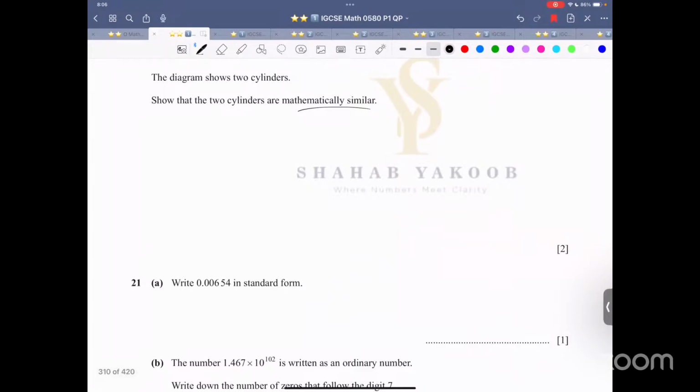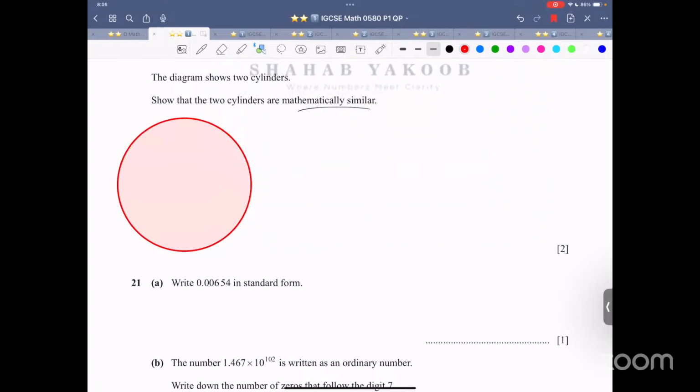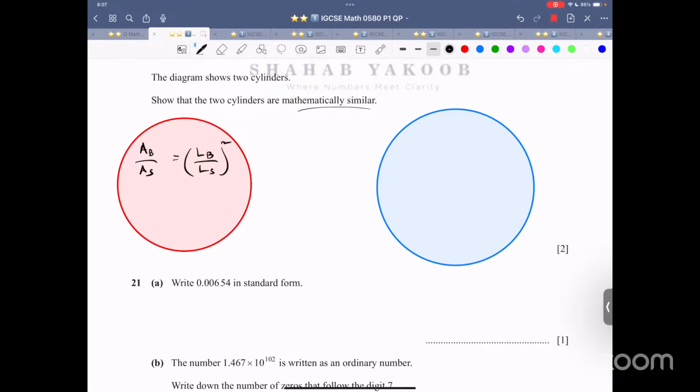Let me add some extra information over here, about area and volume. Area big divided by area small is length big divided by length small, the whole thing squared.